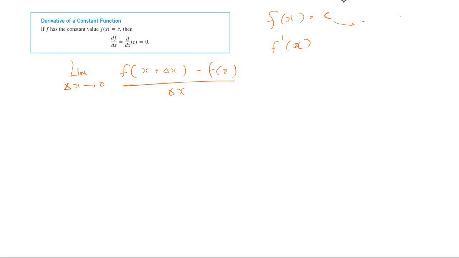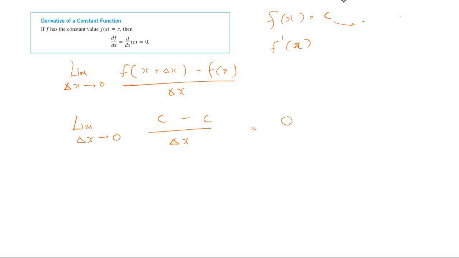Since the function does not have an x here, we substitute only c. So we say the limit as delta x tends to 0, f(x plus delta x) is c, minus f(x) is c again, over delta x, and as delta x tends to 0, the limit is 0.